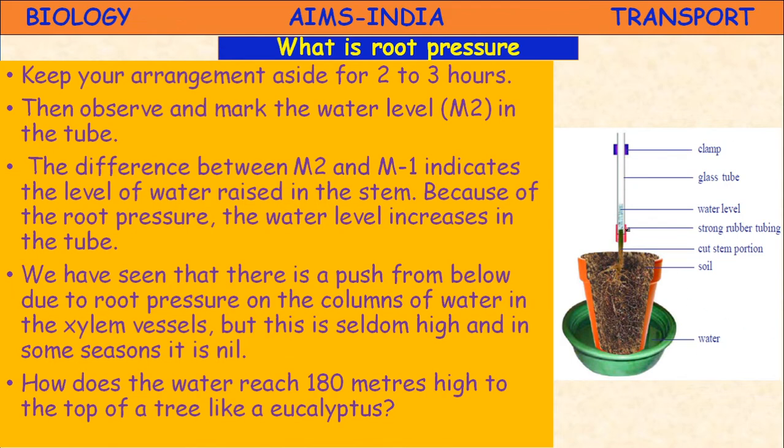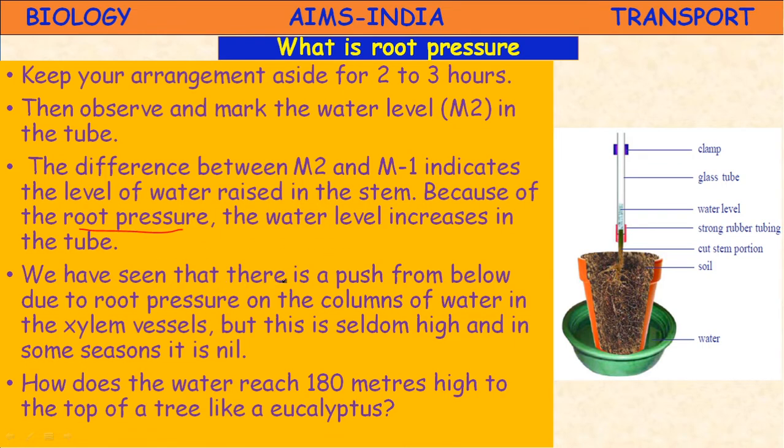First M1, then after 2 to 3 hours mark the water level as M2 in the tube. The difference between M2 and M1 indicates the level of water raised by the stem because of root pressure. The water level increases in the tube.